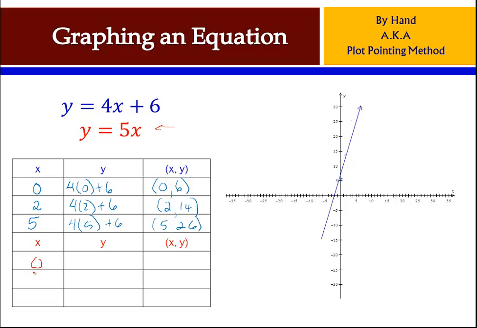Again, pick a few values. Now at this point I'm basically randomly picking some values. However, there are ways later on that we'll figure out which values to select in order to be the most efficient in selecting our points. Substituting in.